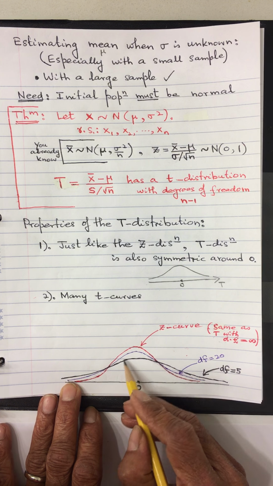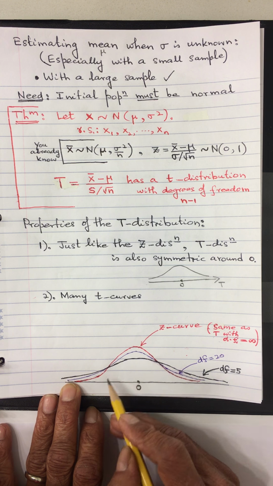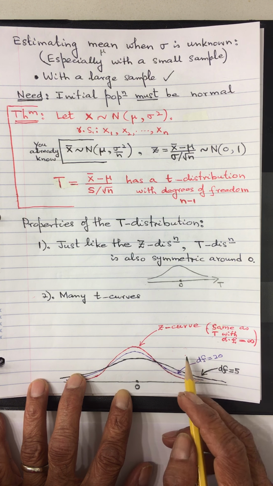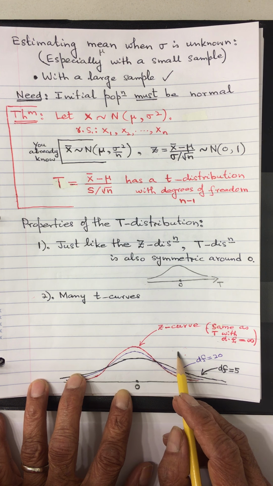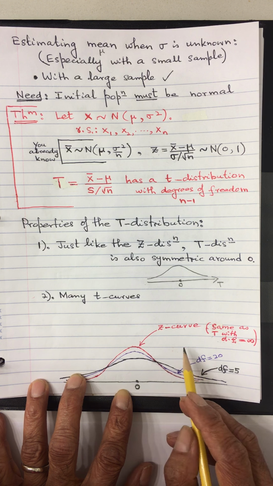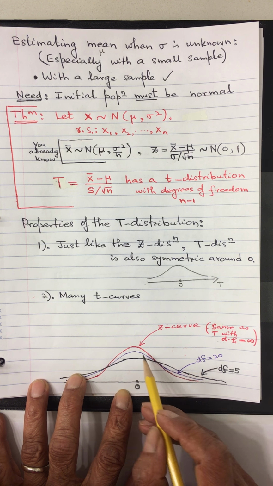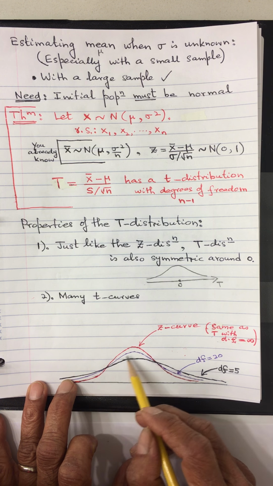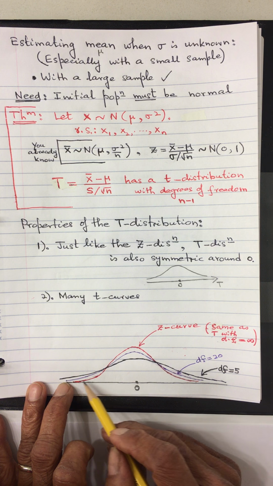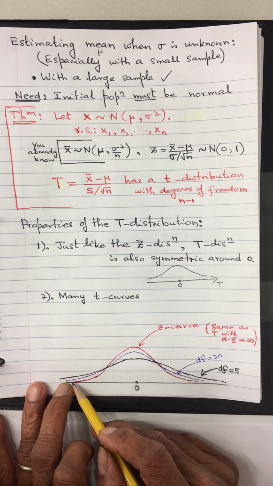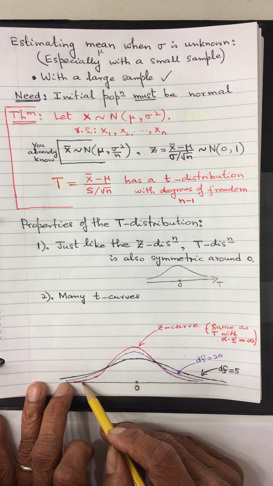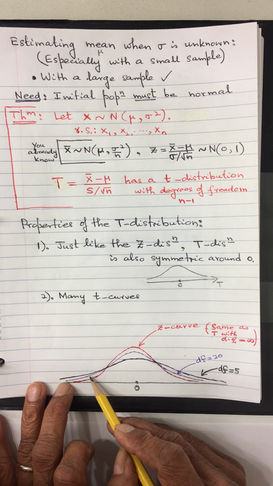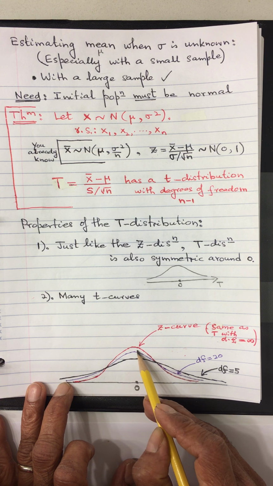When the degrees of freedom gets larger and larger, like 30 or 40, eventually the t curve gets closer and closer to the z curve. The degrees of freedom 100 curve is going to be somewhat below the purple curve, but above the red curve, which is the z curve.